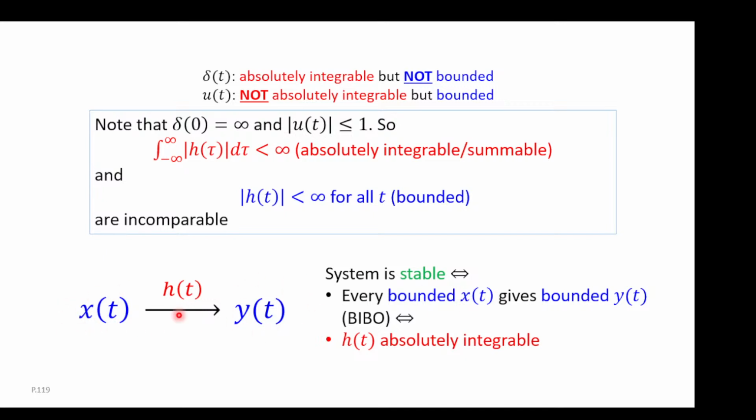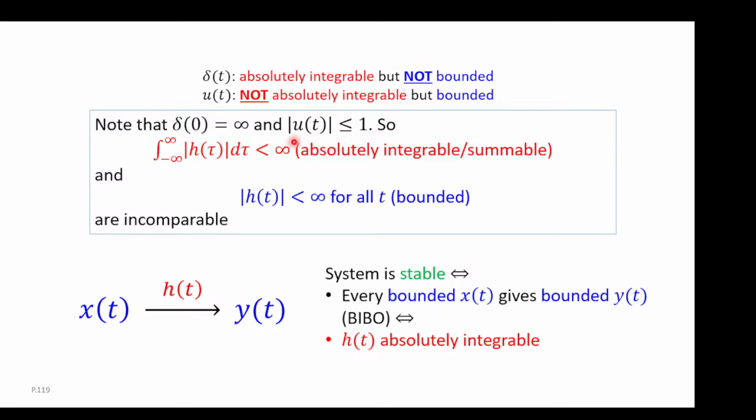So here you care about whether your x and y are bounded or not. This is what we did in chapter 1, and it actually works for every system. Then in chapter 2, we said we can describe an LTI system by this h of t. So we can also describe this BIBO stability by h of t, and what we are checking on h of t is whether it's absolutely integrable.